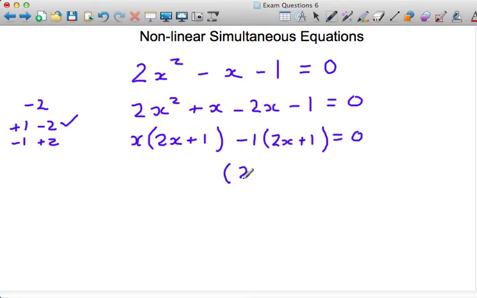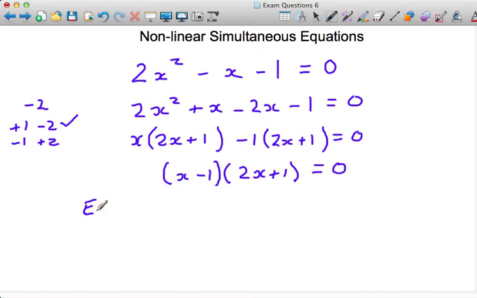Almost completed the factorising now. There's a common factor of 2x plus 1. How many 2x plus 1s do I have? I have x of them minus 1 of them. So that's x minus 1 of them. Now then, if two brackets multiply together to give 0, either that bracket is 0 or that bracket is 0.